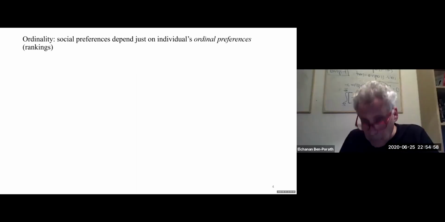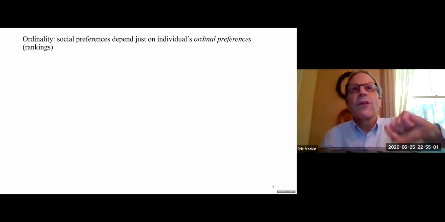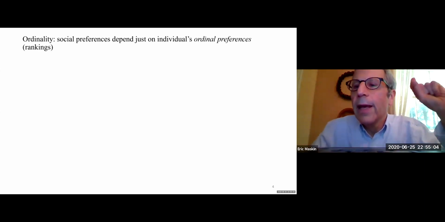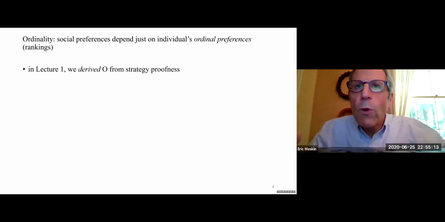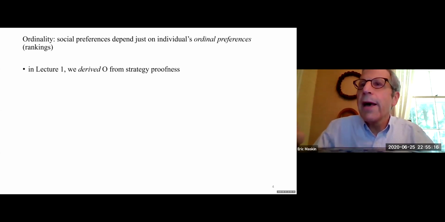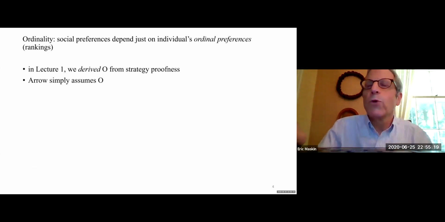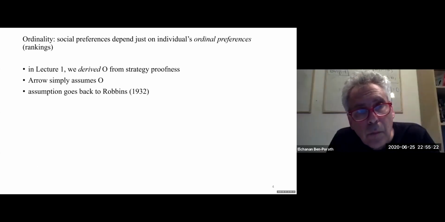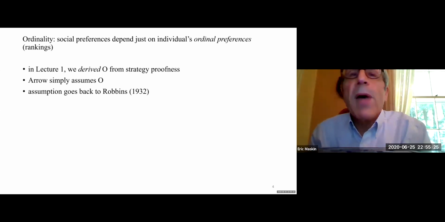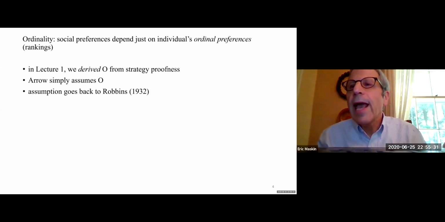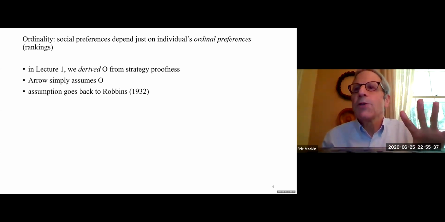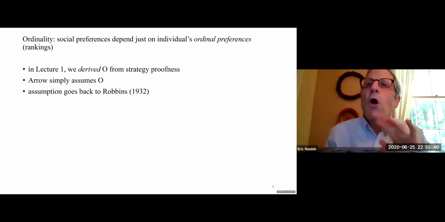Just to come back to ordinality for a moment. He demanded that the social ranking should just depend on individuals' ordinal preferences. In my first lecture, I showed you that you can derive ordinality from strategy proofness. Now, Arrow did not impose strategy proofness. He simply assumed ordinality. And this was coming out of a tradition that went back to Lionel Robbins. In the 18th and 19th century, it was quite common, both in economics and philosophy, to use cardinal utility.